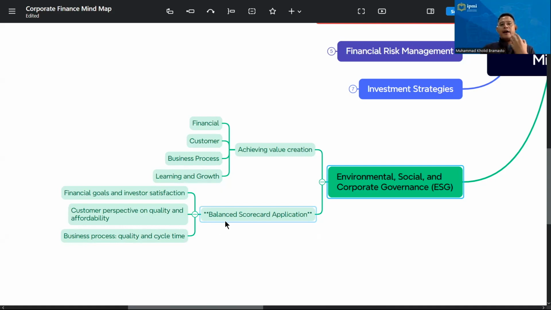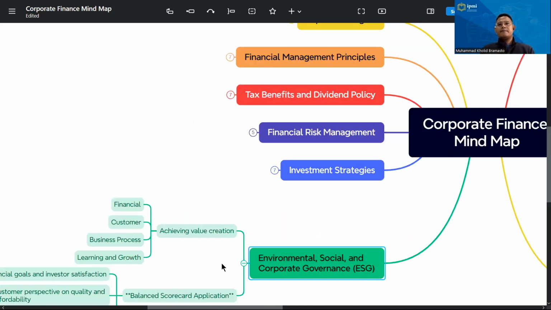This approach provides a true understanding of how ESG contributes to financial goals, which is meeting financial targets and satisfying investor expectations, customer perception, enhancing customer perception of product or service quality and affordability, and lastly, business process optimization, improving the quality and efficiency of internal processes.